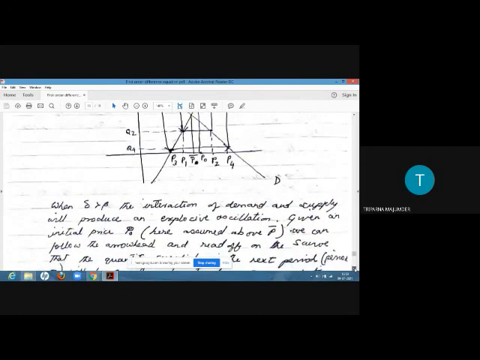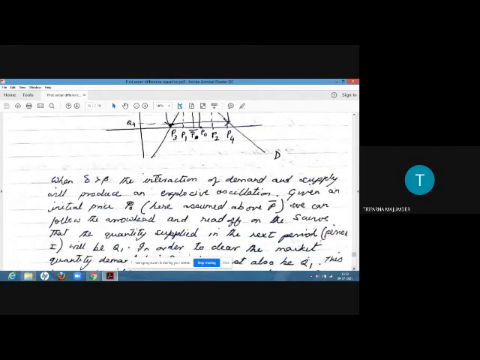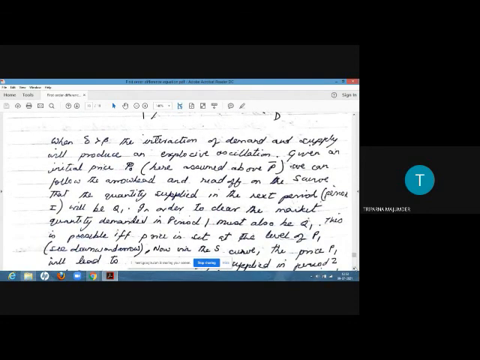When delta is greater than beta, the interaction of demand and supply will produce an explosive oscillation. Given an initial price of P0, here assumed above P bar, we can follow the arrowhead and read off the supply curve that the quantity supplied in the next period, that is period 1, will be Q1. In order to clear the market, quantity demanded in period 1 must also be Q1.